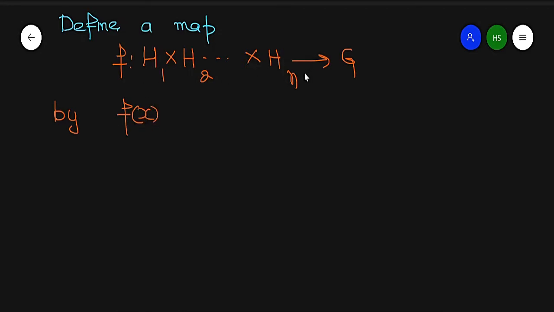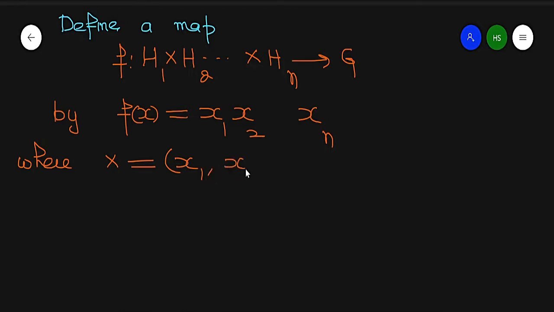So this element belongs to this Cartesian product, and this can be written as x1, x2 so on up to xn, where x is the tuple x1, x2, xn, which belongs to H1 cross H2 cross Hn.